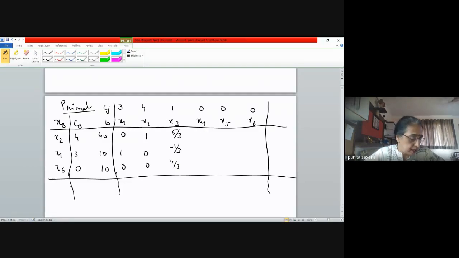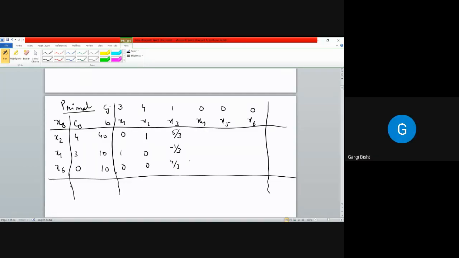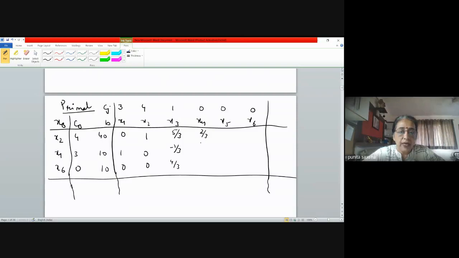Then 2 by 3, minus 1 by 3, 1 by 3. Then minus 1 by 3, 2 by 3, minus 5 by 3. And then x6 is 0, 0, 1. Is this correct?